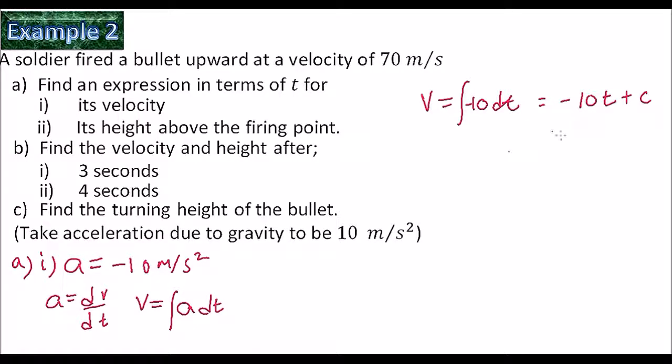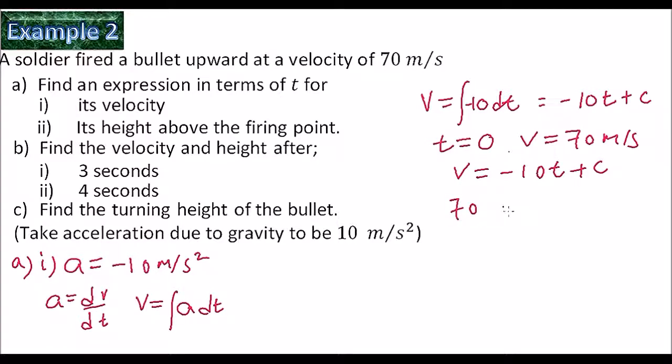That is the velocity. So we need to find c. So we say that before the bullet started moving upwards, at t is equal to 0, the velocity was 70 meters per second. This means from our expression, v is equals to minus 10t plus c. We substitute, so v is 70, the velocity which was fired upward, is equals to, time is 0, so this is minus 10 multiplied by 0 plus c.